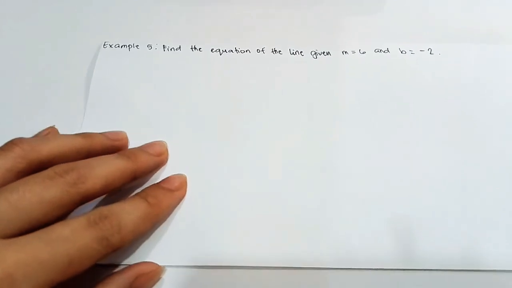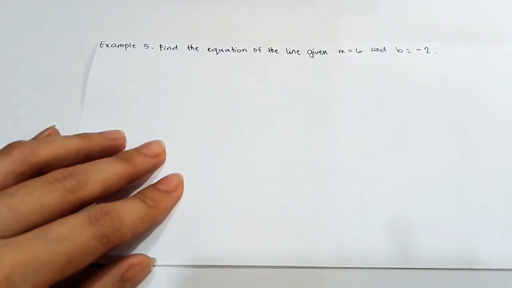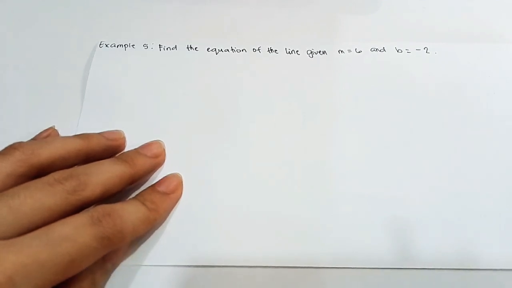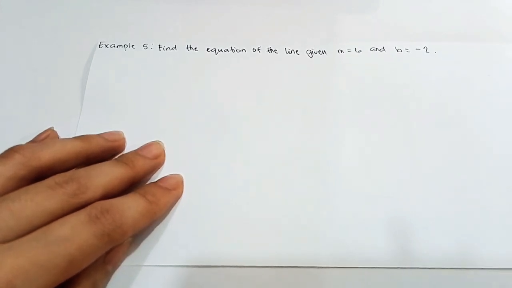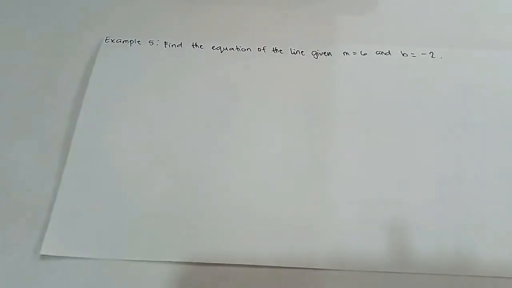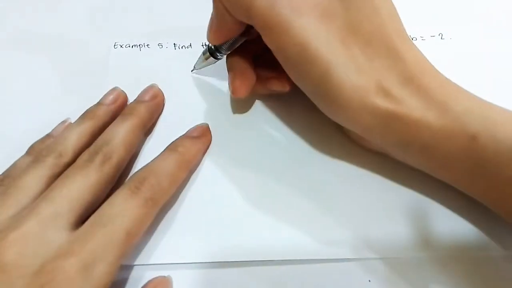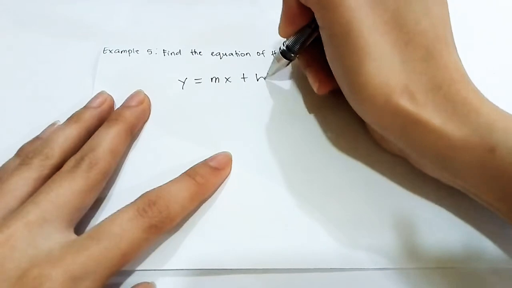Example 5. Find the equation of the line given m equals 6 and b equals negative 2. So this is the simplest form of writing the equation of a line since we are given the slope and the y-intercept b. So we can use the slope-intercept form, which is y equals mx plus b.